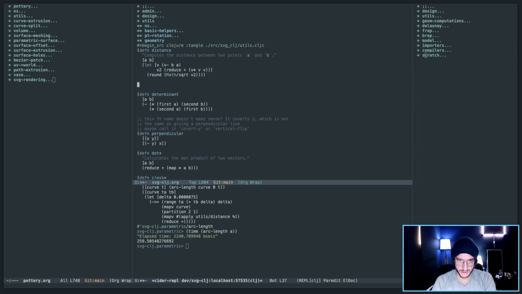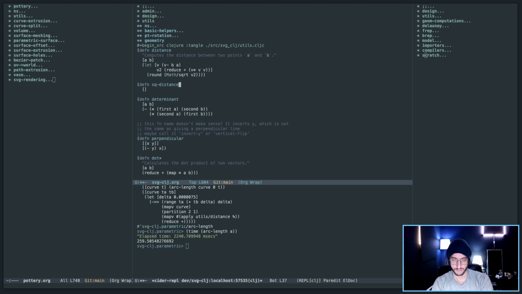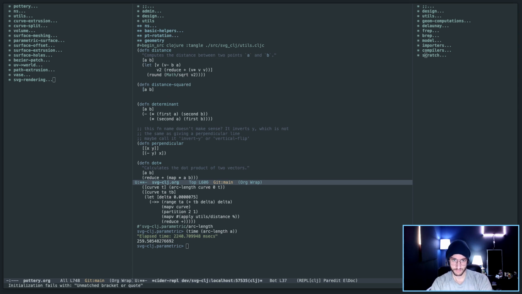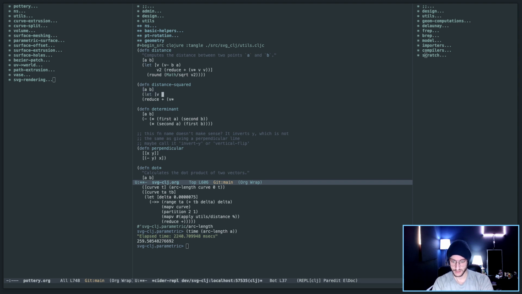Let's make a little function that's just the square distance. It's just reduce plus v star, let v minus b a.